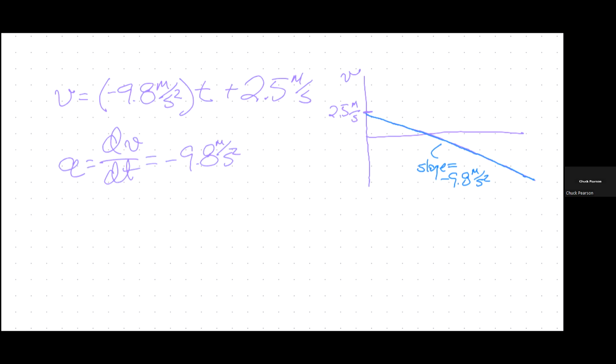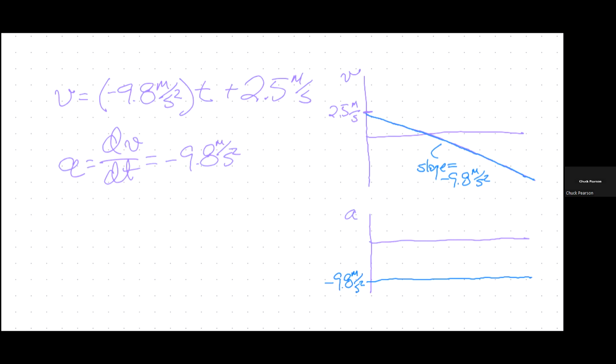And so the acceleration as a function of time is just a horizontal line, negative 9.8 meters per second squared. Okay.